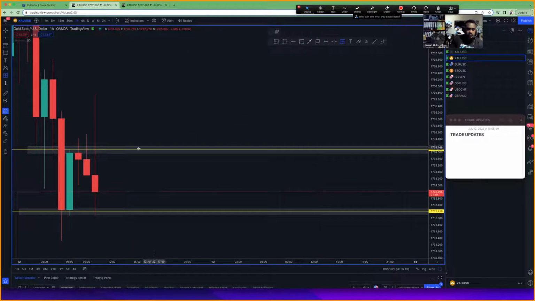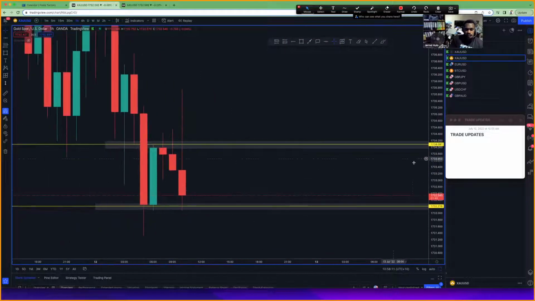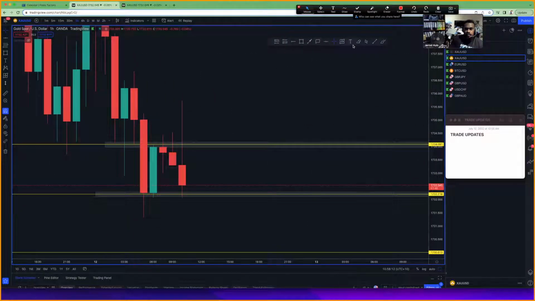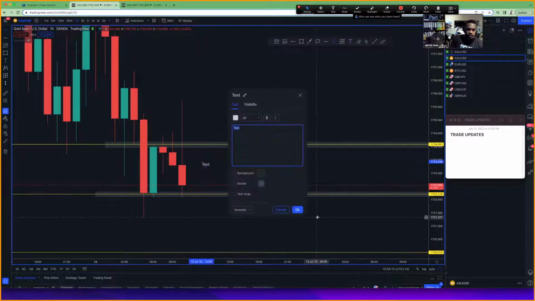So we're really trading in a range between 1734 and 1732.100. This range is less than 20 pips, so this is a no trade range. We're not going to be looking at taking any trades in this range.